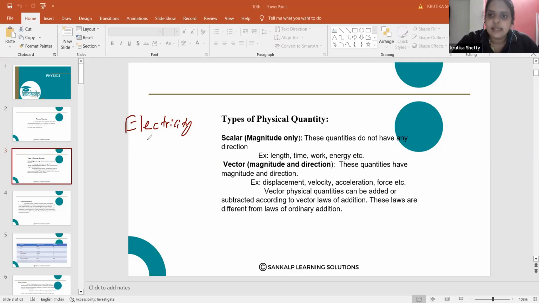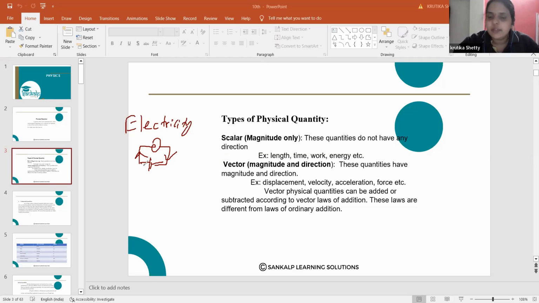So I told you we will learn electricity. Before going to define electricity or the electric current, we need to understand whether it is a scalar quantity or a vector quantity. Now, to say the current flow, this is a battery symbol, this is a bulb or any connection we have. The current flows from the positive terminal to the negative terminal of the battery.